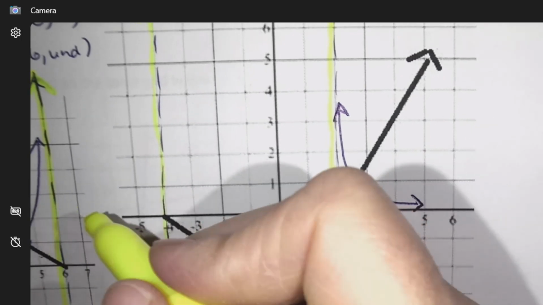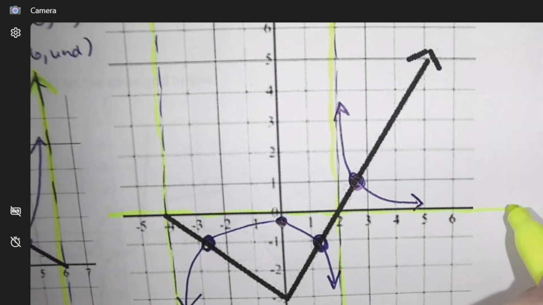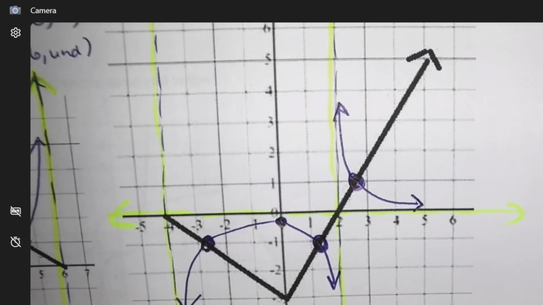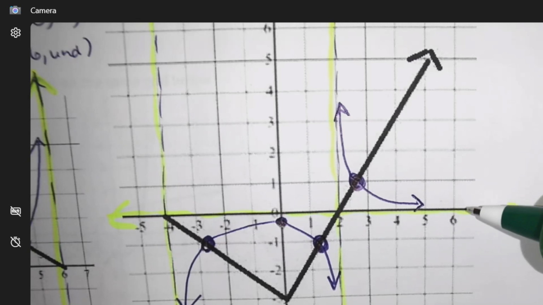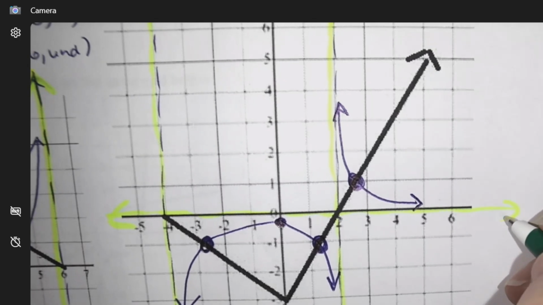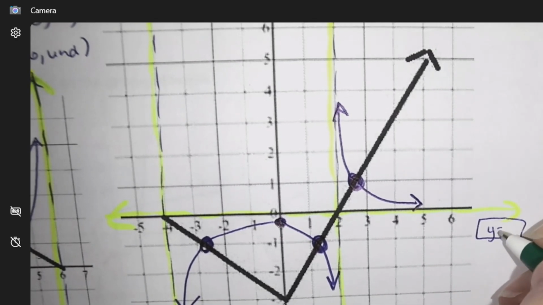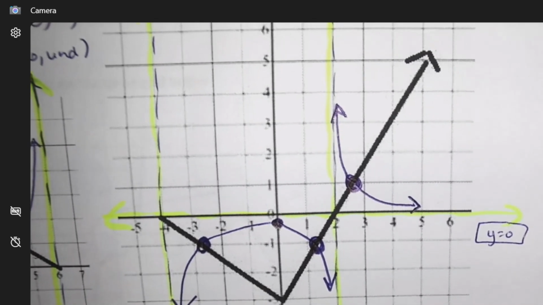So now we need another asymptote here. The reason is this line will always keep getting smaller, smaller, smaller, no touching, no crossing. Okay? If I also asked you the name of that asymptote as an equation, what would it be? Y equals 0.